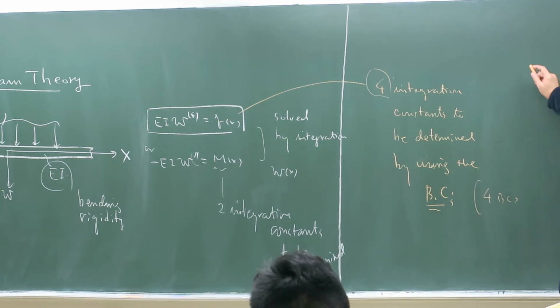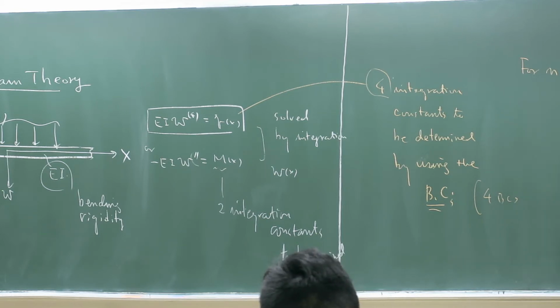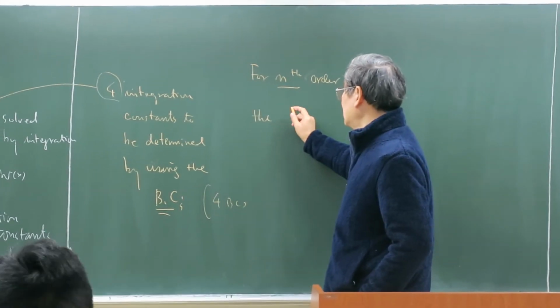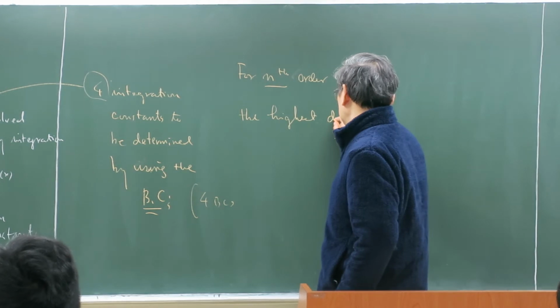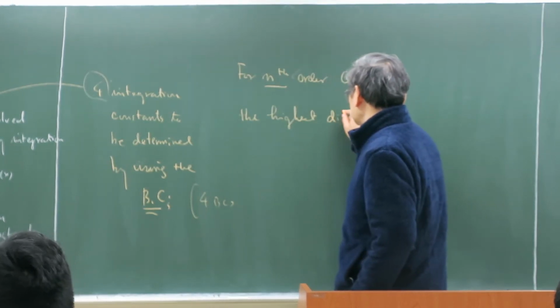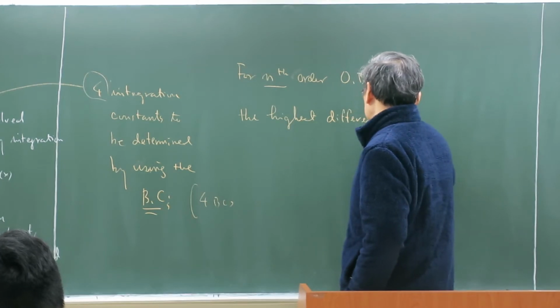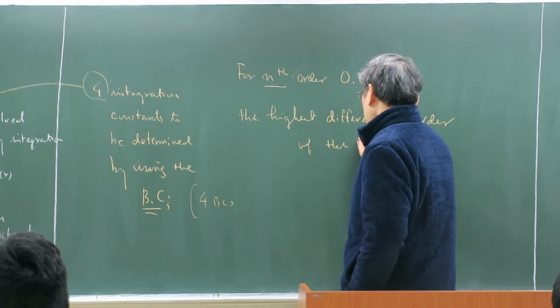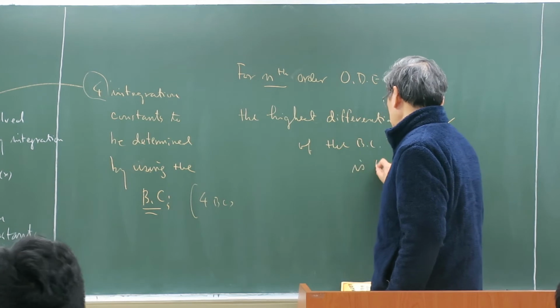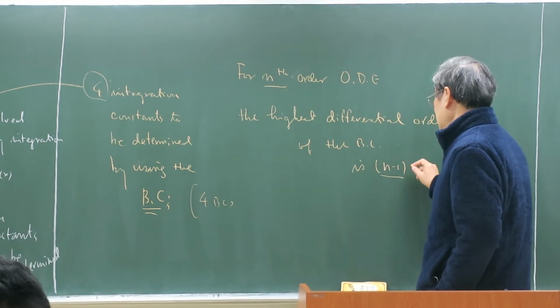So for nth order ordinary differential equation, nth order, the highest differential order of the boundary condition is n minus 1 derivative.